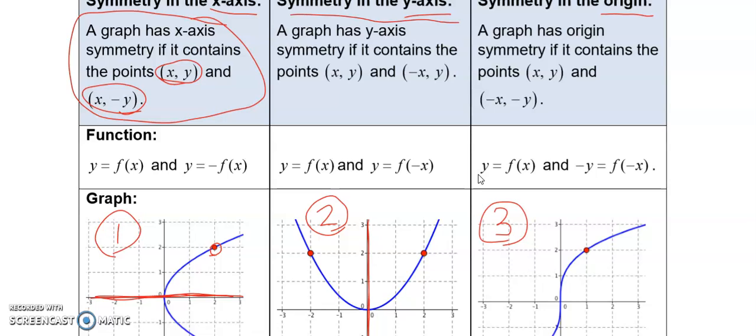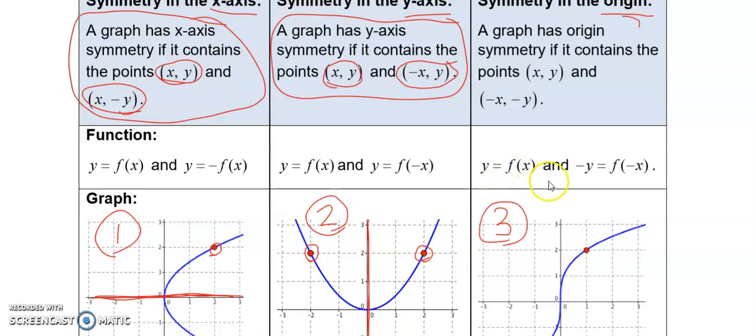If it's symmetric with respect to the y-axis, then it must contain the point x, y, like this one here, but it also contains the point negative x, y, like this point over there. All right. So in other words, if it has the point x, y, it will also contain the point negative x, y.